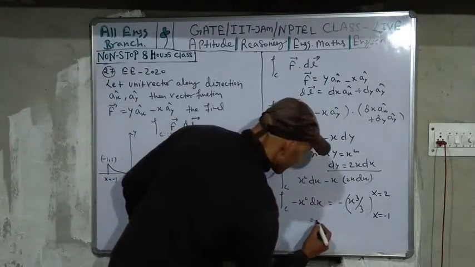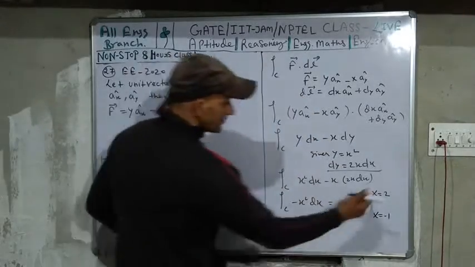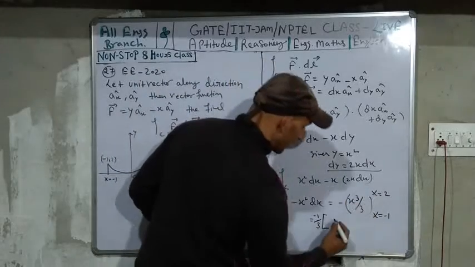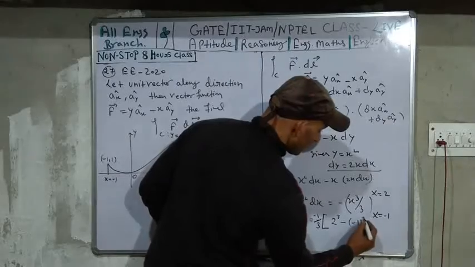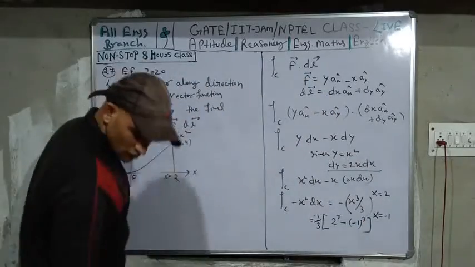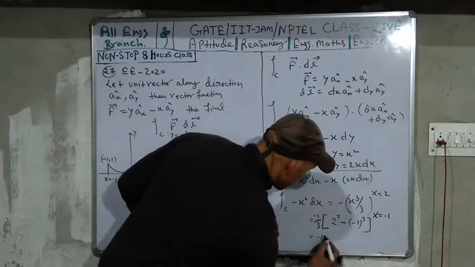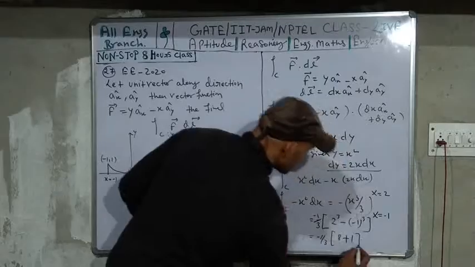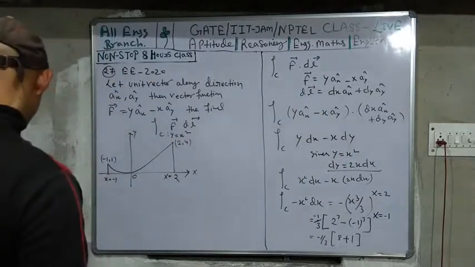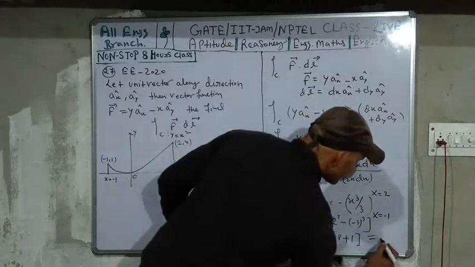So minus 1/3 comes outside. In place of x you write 2 cube minus (-1) whole cube. 2 cubed is 8, so this is -1/3 times (8 plus 1), which is -9/3. It means that this is -3.